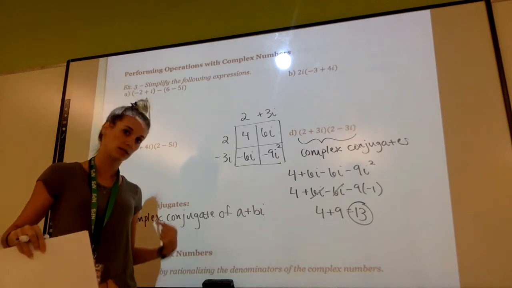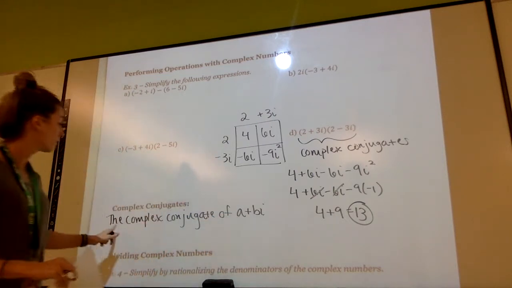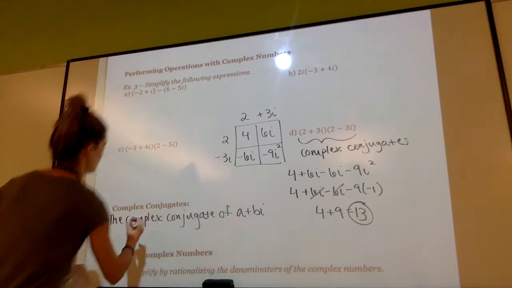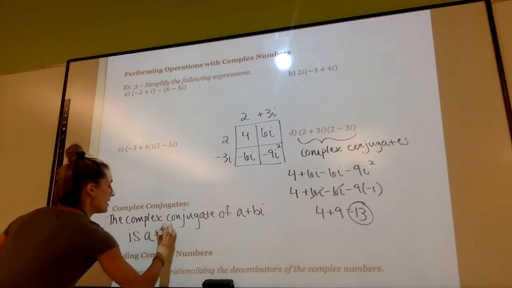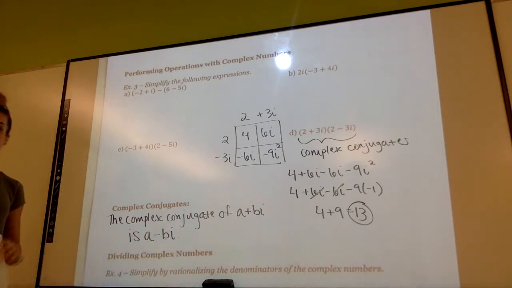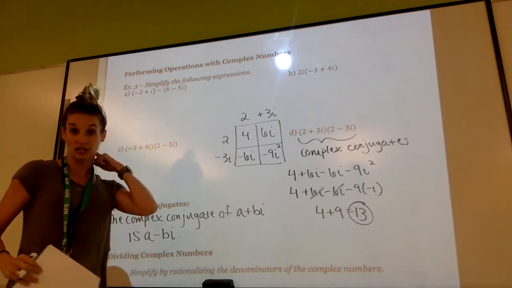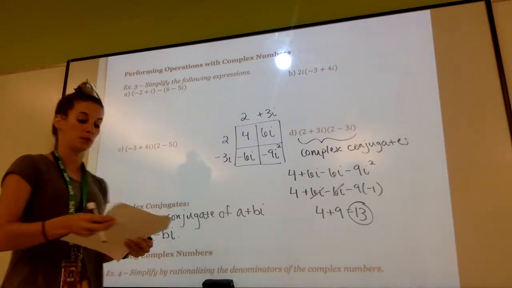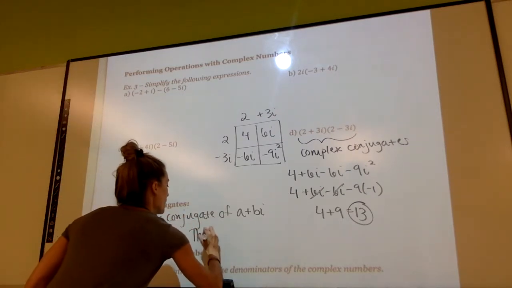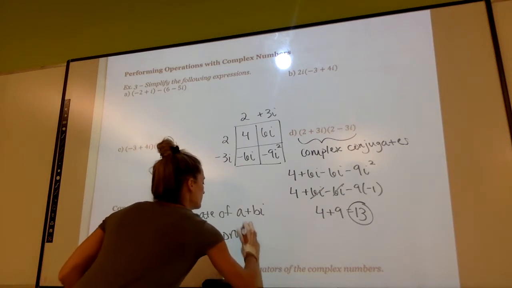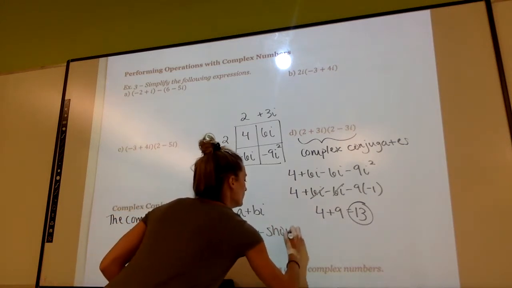Not the real part, that will stay the same, but the imaginary part. Therefore, the complex conjugate of a plus bi is a minus bi. And when you multiply two conjugates together, you should end up with a real number. Their product should be real.